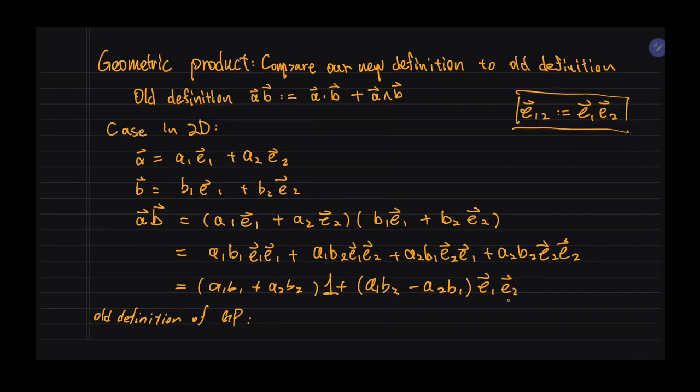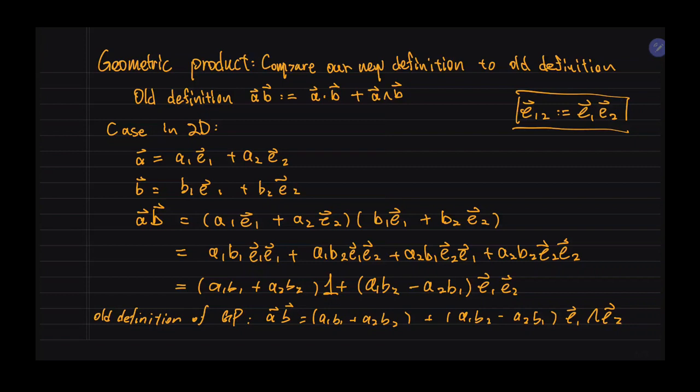And from the old definition, we will get A1 B1 plus A2 B2, plus A1 B2 minus A2 B1, and we have e1 wedge e2.